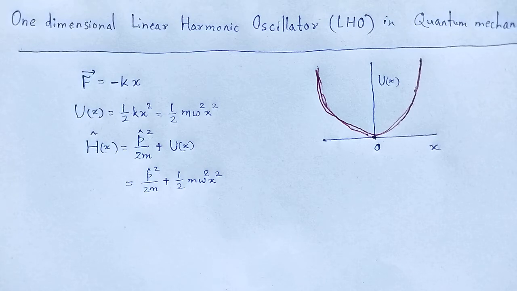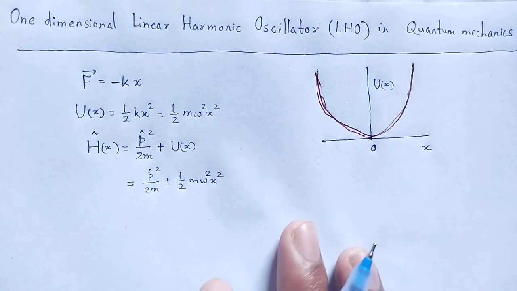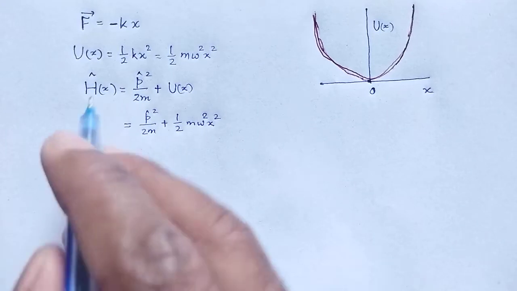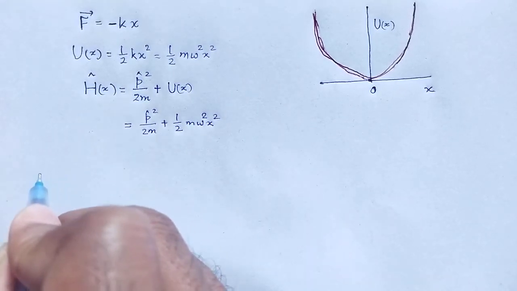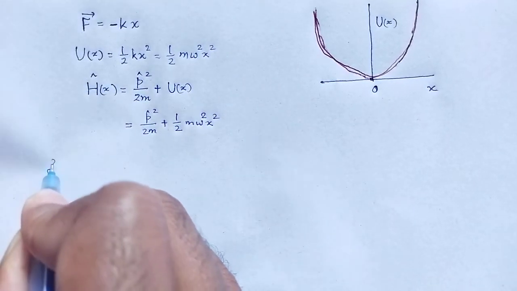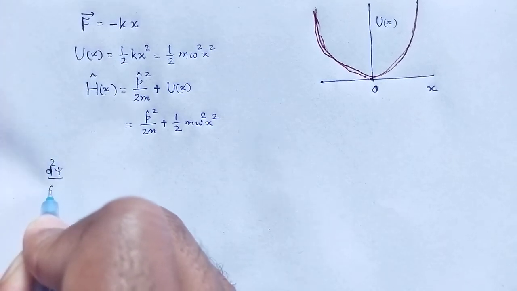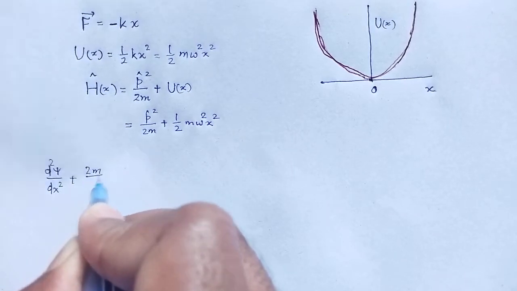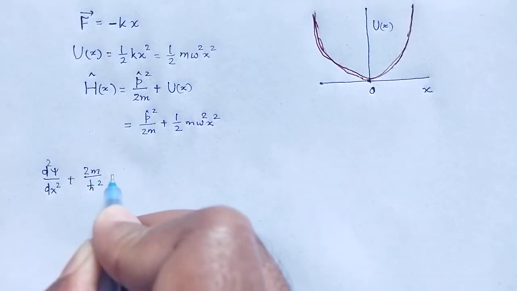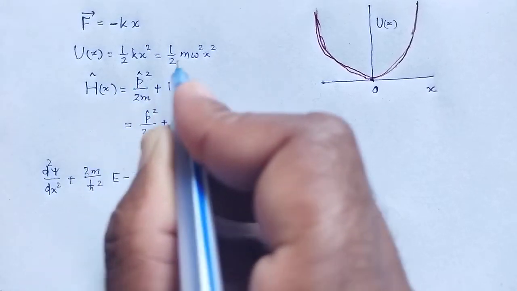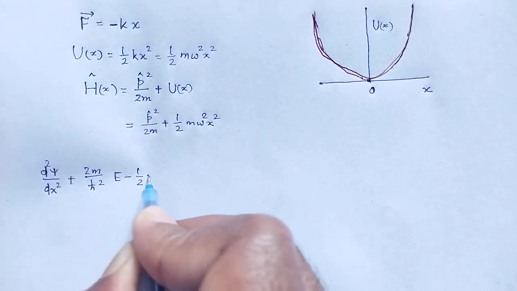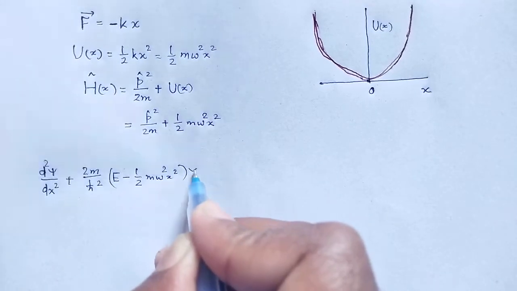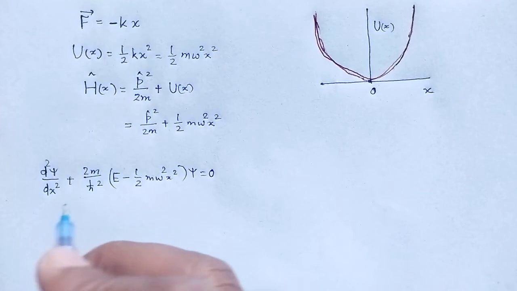If we consider the wave function as psi, the equation is d square psi by dx square plus 2m by h cross square times E minus the potential term half m omega square x square, of psi, is equal to 0.